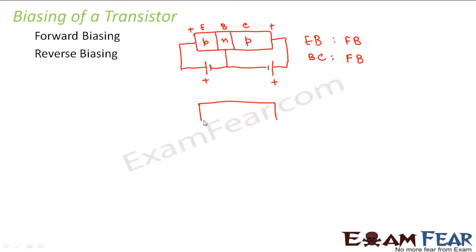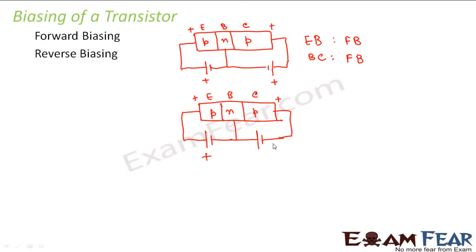Again we can have another scenario where we say that the emitter base junction is forward biased. However, the base collector junction is reverse biased. The positive is connected to the negative. So in this case what happens?